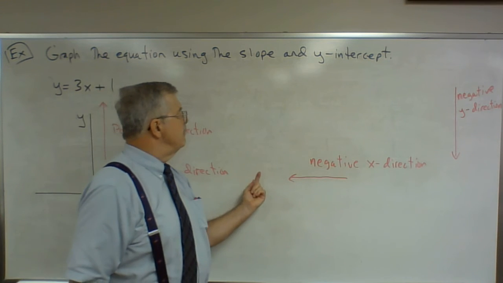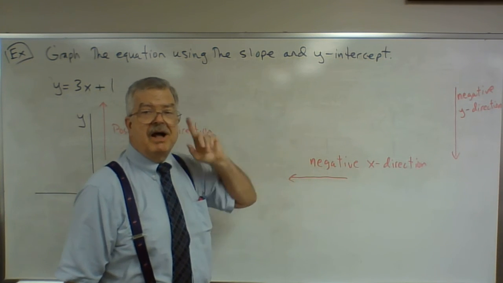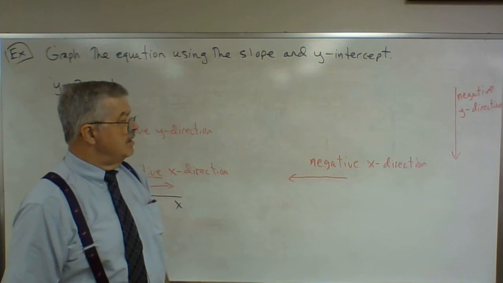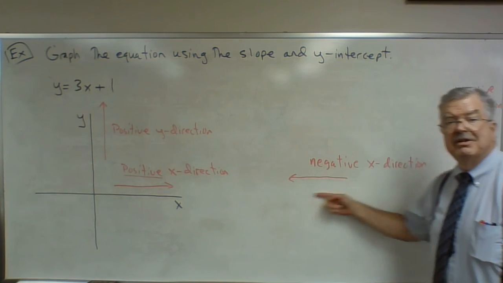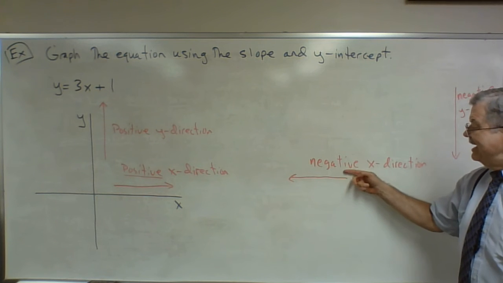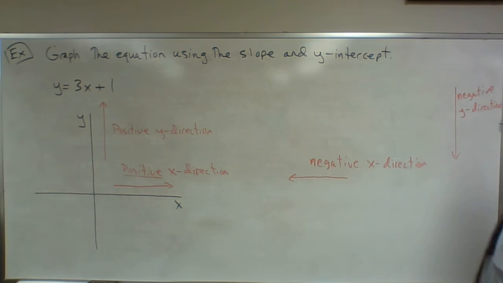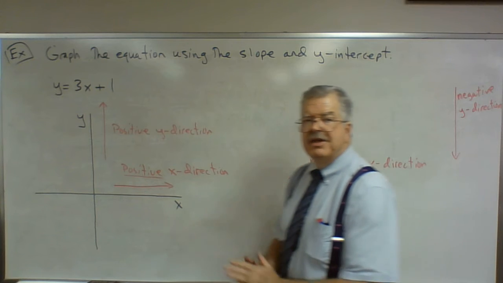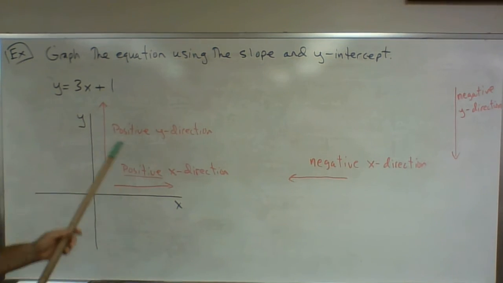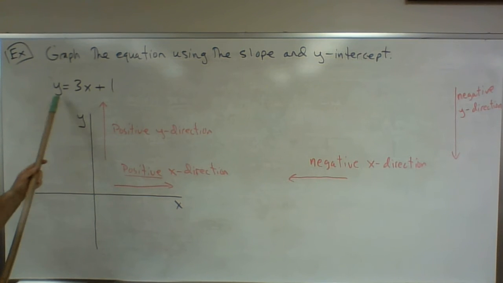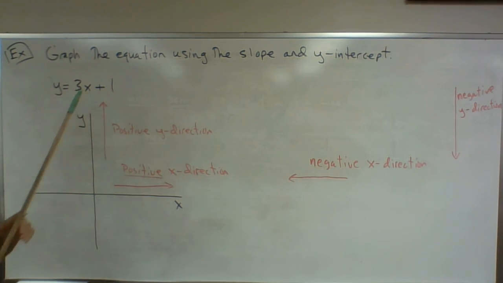If we go from bottom to top, that's the positive y direction. But if we go from right to left, that's the negative x direction. And if we go from top to bottom, that's the negative y direction. These conventions are going to be very important for us when we do exercises like this.